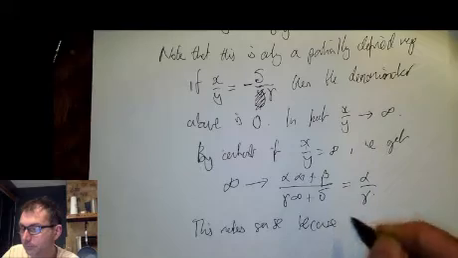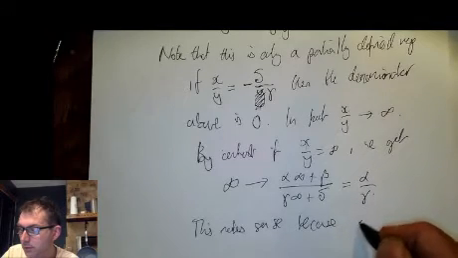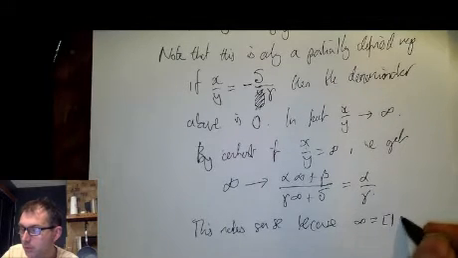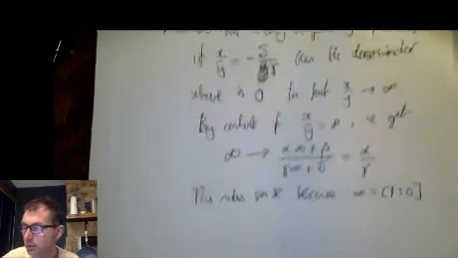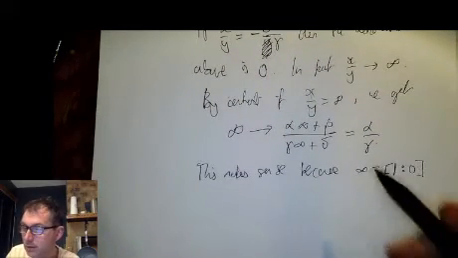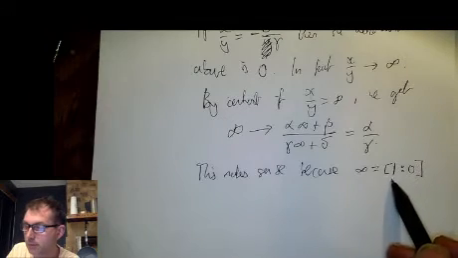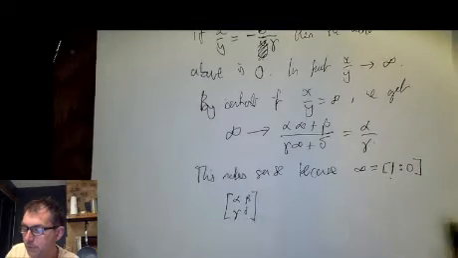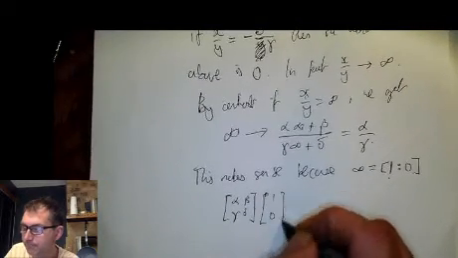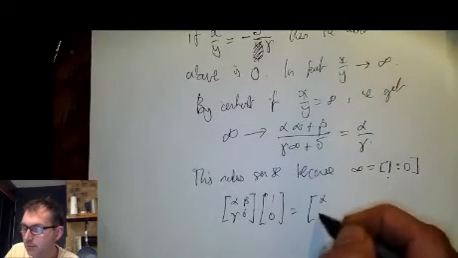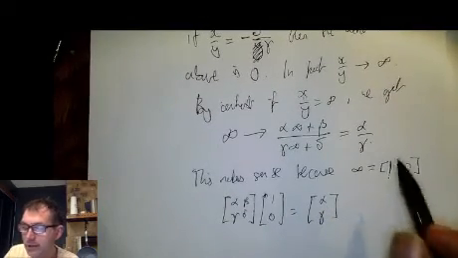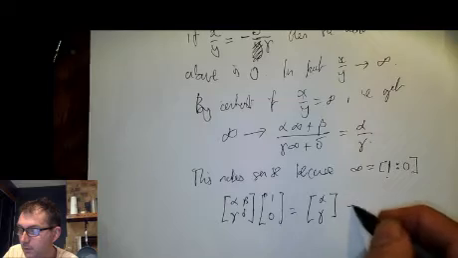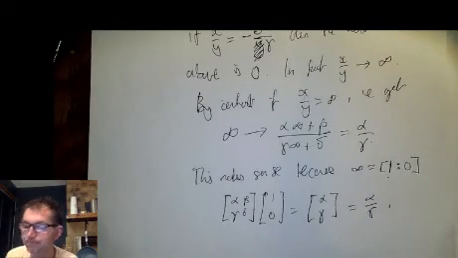So infinity is really equal to the point where y is 0, so we can call it 1 colon 0, and that indeed does get mapped, if you apply the original matrix to (1, 0), you do indeed get (alpha, gamma), which is on the affine chart. If gamma is non-zero, it goes to alpha over gamma.